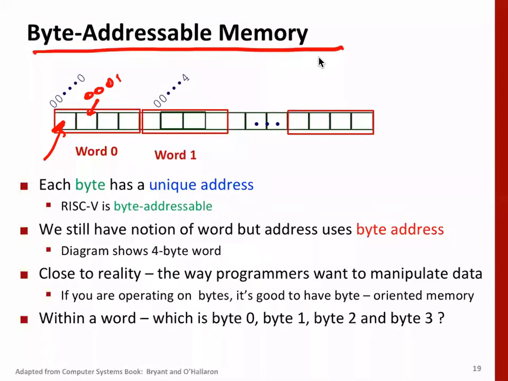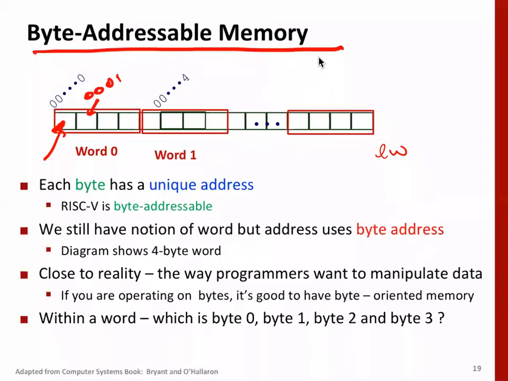But suppose you want to read a word, because it's not very efficient to read a byte. Note that a register is word size and your manipulation is also word size. Although the memory system allows you to read each byte, most operations will require 4 bytes at a time.